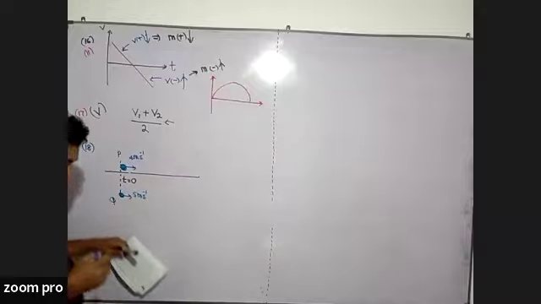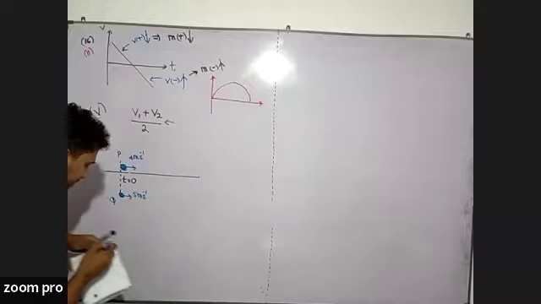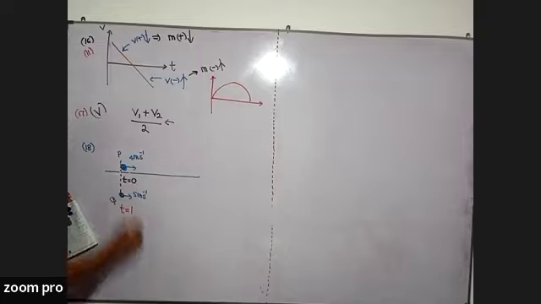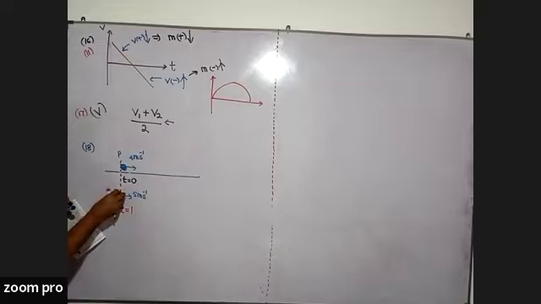But keep in mind that the second object, Q, passes this point at 1 second, so it has a 1 second delay relative to P.